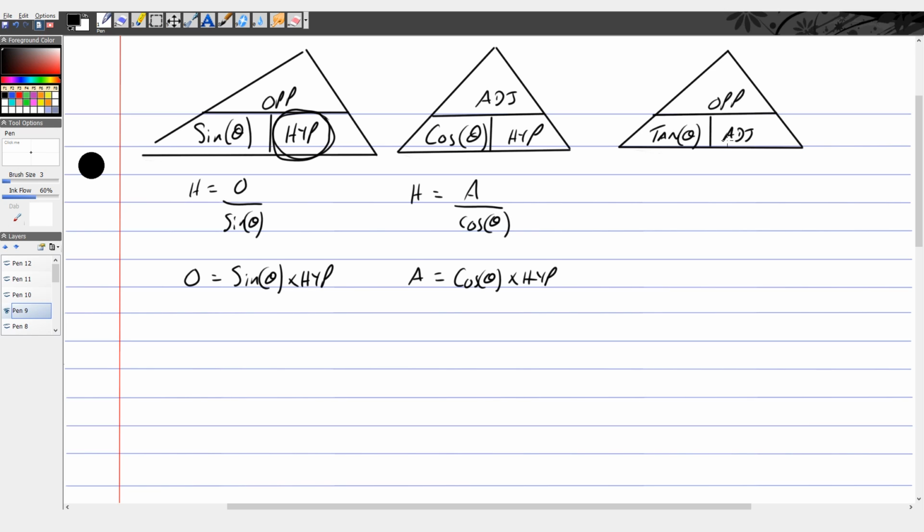And if it's a tan question, if you're trying to find the adjacent, say, then the adjacent down here is the opposite divided by tan of the angle. And lastly, if you want to find the opposite side, the opposite is tan of the angle times the adjacent.